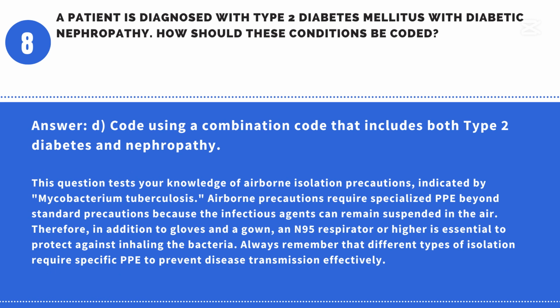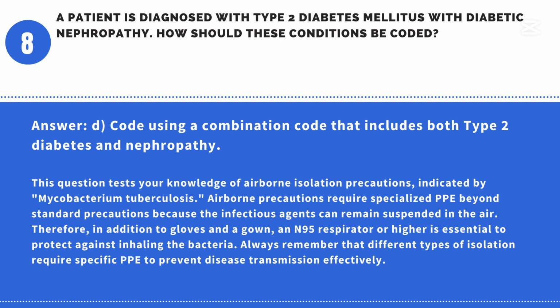Answer: D. Code using a combination code that includes both type 2 diabetes and nephropathy. This question addresses coding conditions that have a specific relationship, like diabetes and its complications. ICD-10-CM often provides combination codes for conditions that commonly occur together, especially chronic conditions like diabetes and its associated organ involvement.